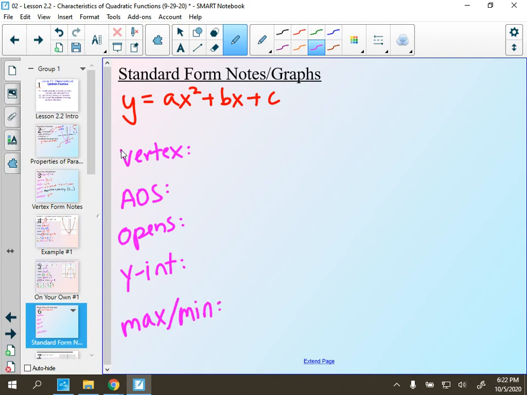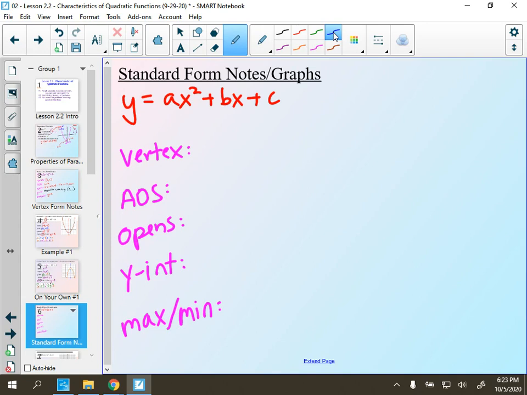So I have to start in a different spot here because I'm not able to just look at this and see, oh, hey, that's my vertex. It doesn't work that way in standard form. These numbers do mean things, but for graphing purposes, it's not that great. There's a couple little freebies here. If I start with the free stuff, we can still tell whether it opens up or down. That's based on a.